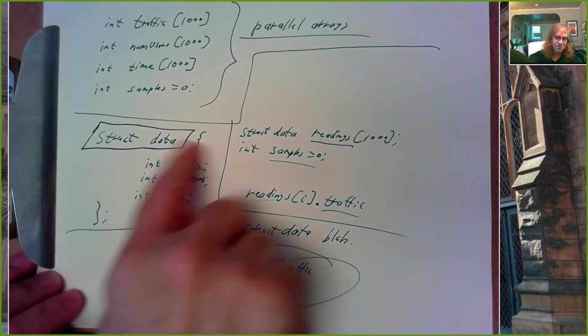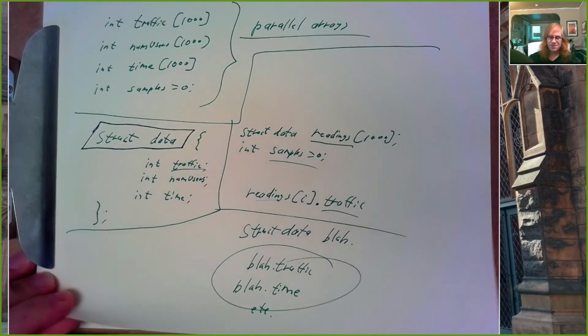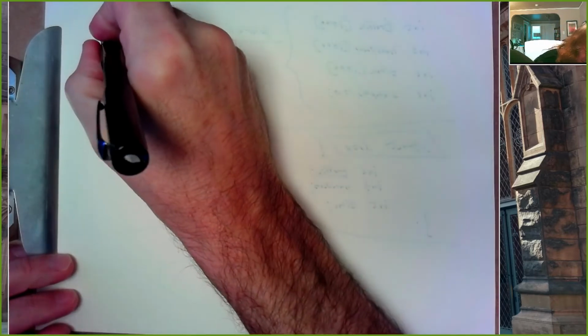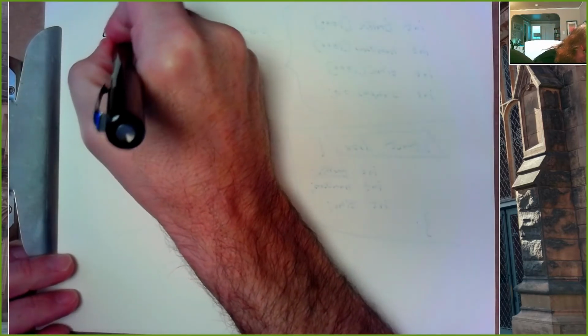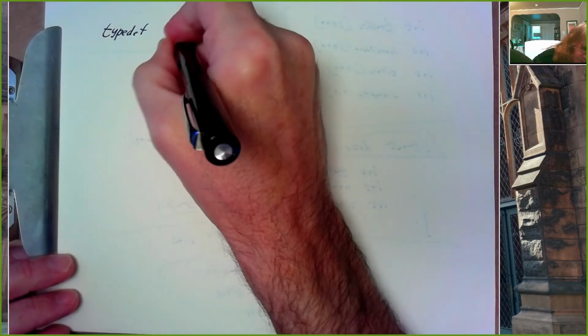But typing struct data, struct data, struct data can get to be kind of a pain. Not a huge pain, but a bit of a pain. So there's a typedef statement that we can use to simplify this, and the typedef statement looks like this.